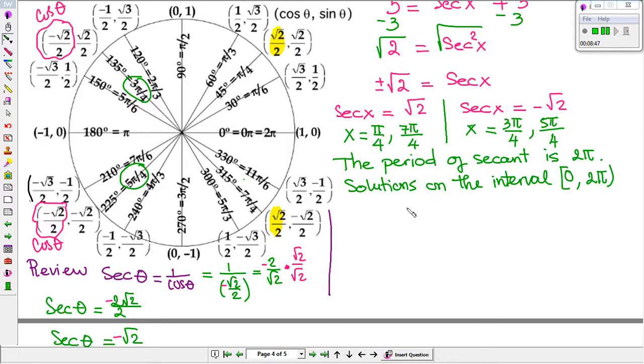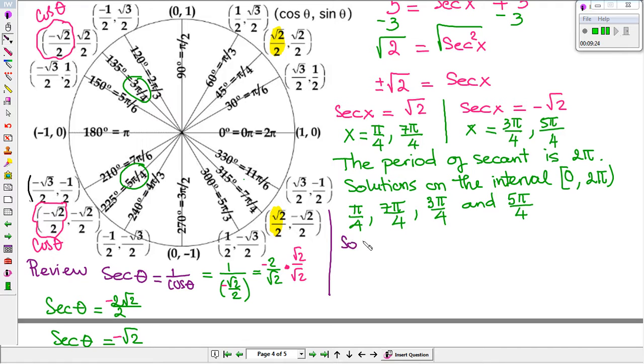The solutions on the interval from 0 to 2 pi are, and we'll list them all: pi over 4, 7 pi over 4, 3 pi over 4, and the last angle will be 5 pi over 4. So these are the 4 solutions on the interval from 0 to 2 pi.